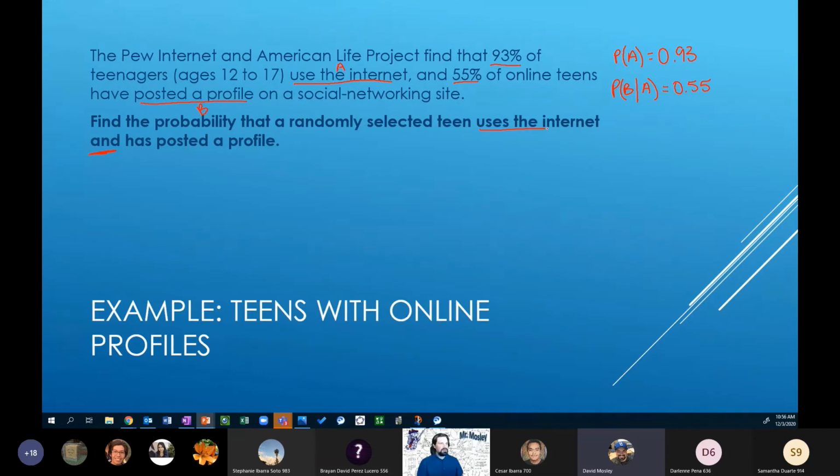So again, we have uses the internet, which we've labeled as event A, and posted a profile, which is event B. So I'm asked to find the probability of A and B. Based on our new rule, that has to equal the probability of A times the probability of B given A.